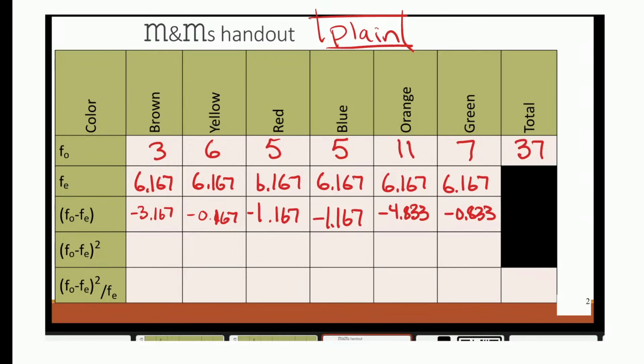Now we'll square each of those numbers. So this I definitely will have to shut up and do it.